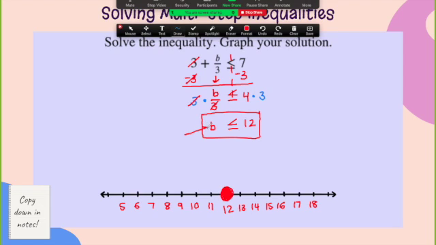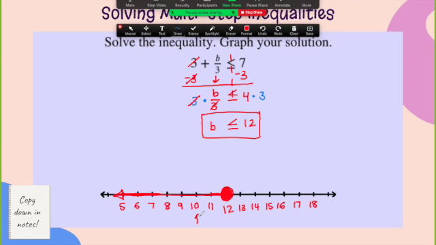Since b could possibly be less than 12, that means that b is either 12 or any number that's smaller than 12 here. And so I'm just going to draw my arrow to the left side, because all these numbers fit with that statement of b being less than or equal to 12.